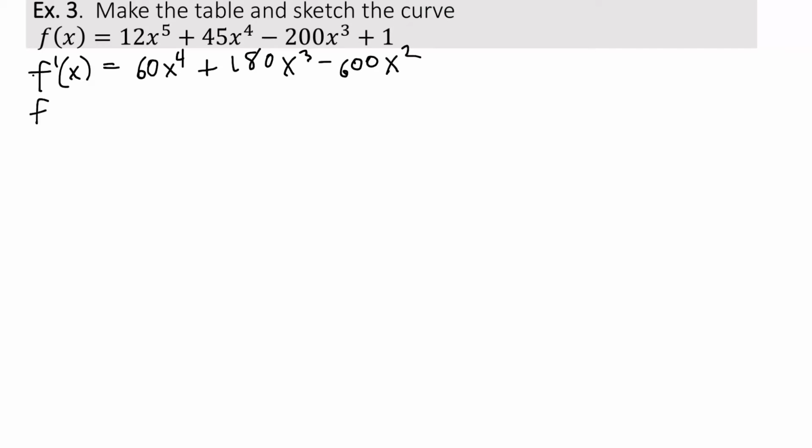All right, back to another polynomial here, the fifth polynomial. First step, we take the first derivative. So that would be 60x to the fourth plus 180x cubed minus 600x squared. Set that equal to 0.